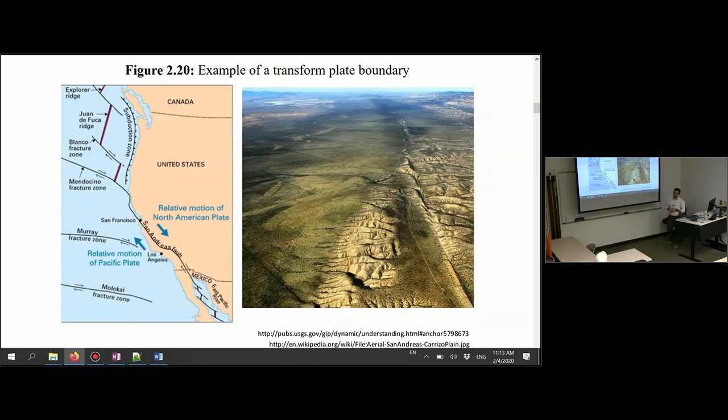And that's caused because the horizontal stresses are combined in a way that they push very hard, more or less, in direction north-south, but not that much in direction east-west. So the result is that these two plates, they move like that.